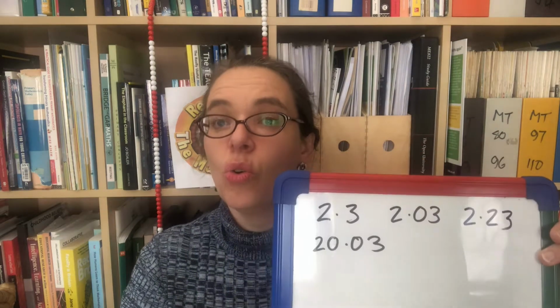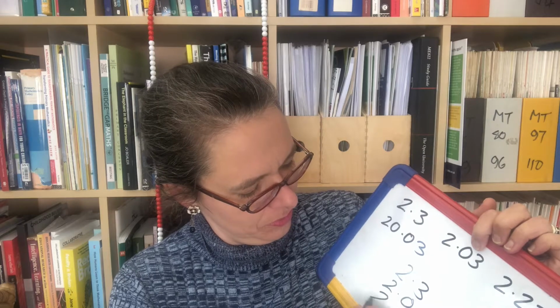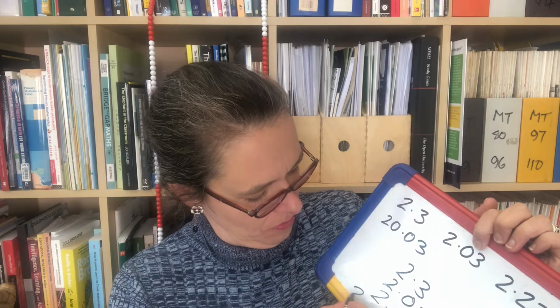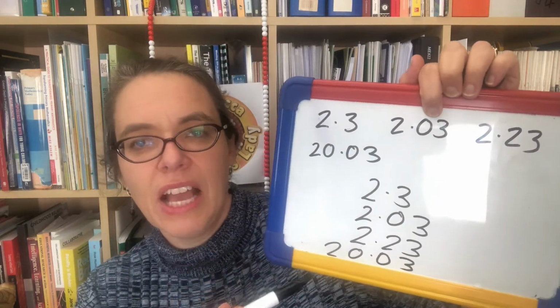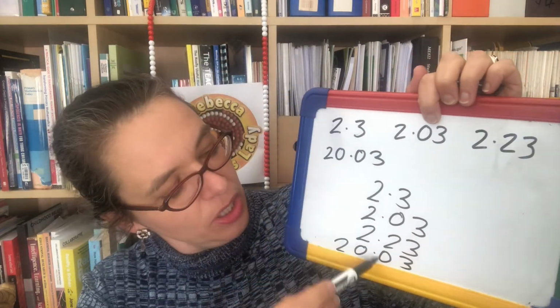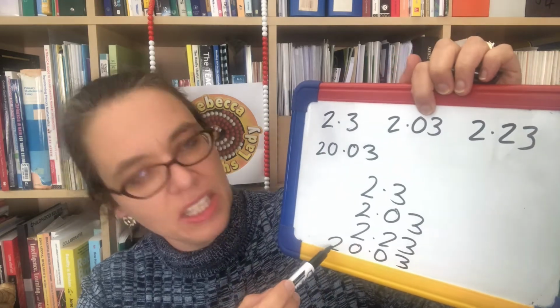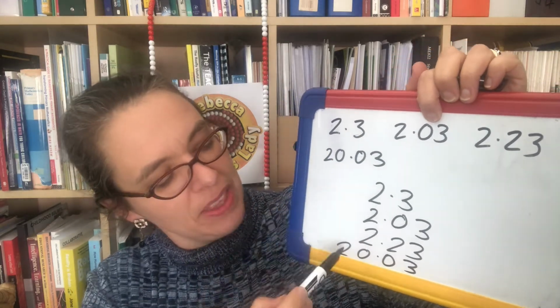So you could give them a question where you've got some numbers to order and you ask them, how could I put those in order without drawing a diagram? And the shortcut turns out to be that if you write them out lining up the decimal points, then it's like putting them in alphabetical order. As long as those decimal points are lined up, that's going to be the biggest because it's the only number with something in the tens column.